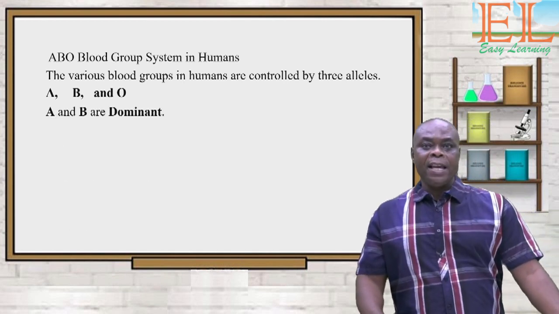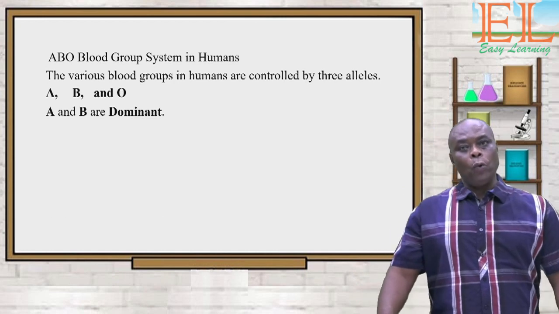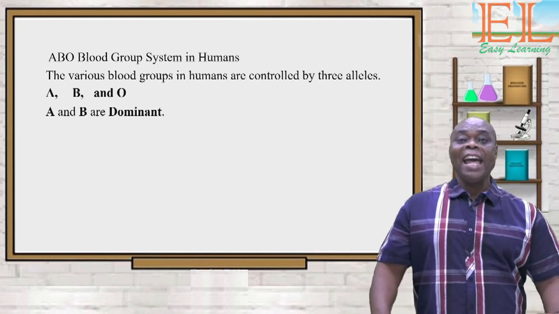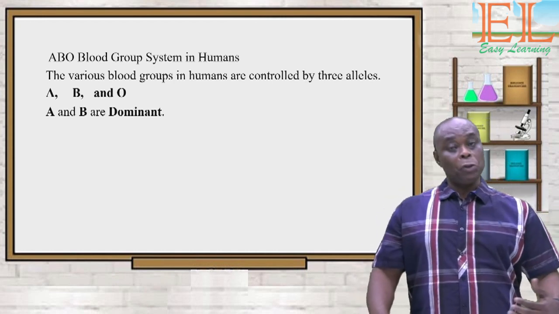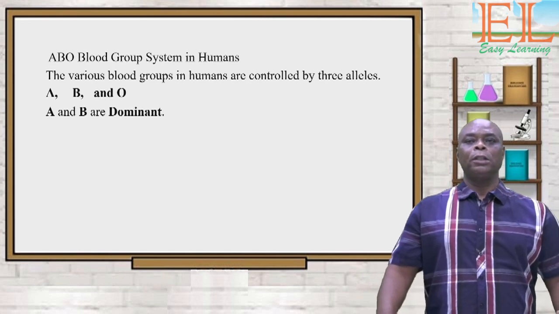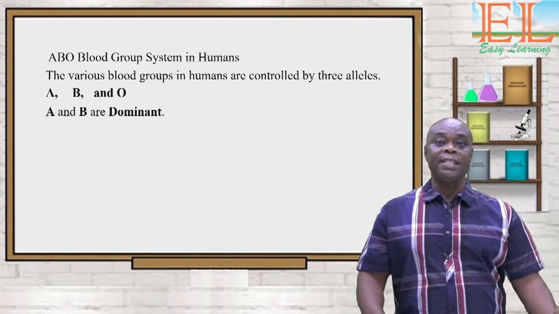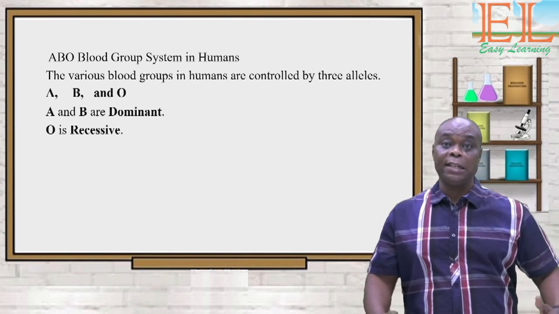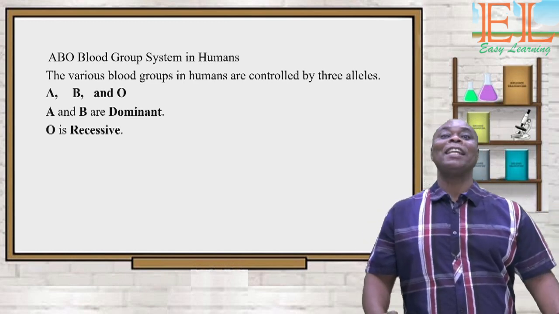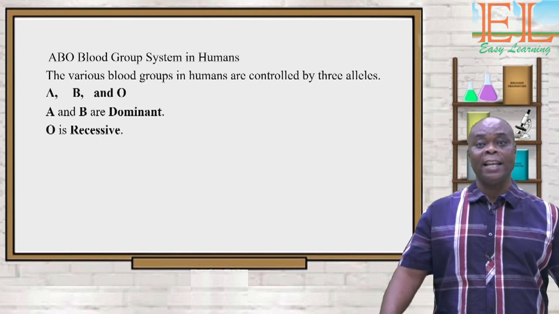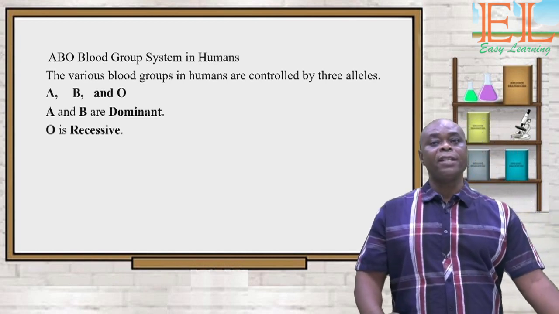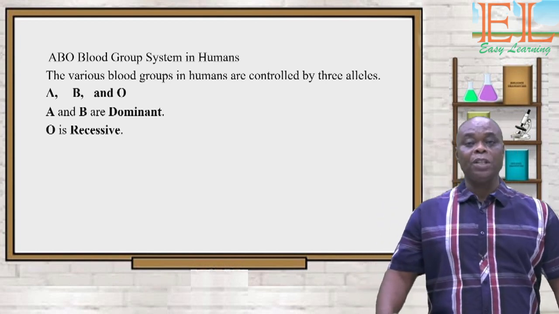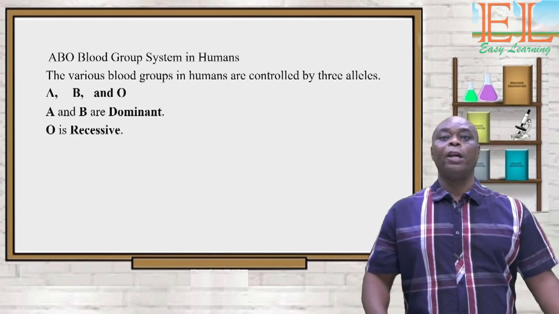Alleles A and B are dominant over O. That means if they are there and O is there, they show themselves. Then O is recessive. It means O shows only when it is doubled, that is homozygous, like we studied in our previous lesson. But if it is in the presence of other genes, which is A and B, then it will not show.